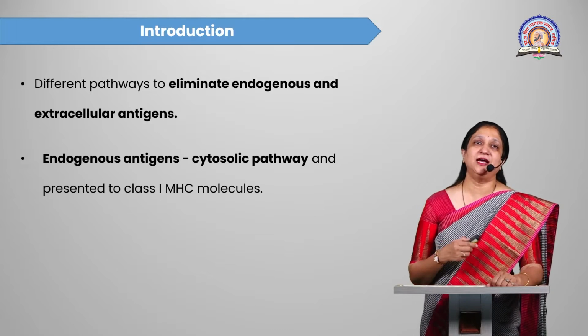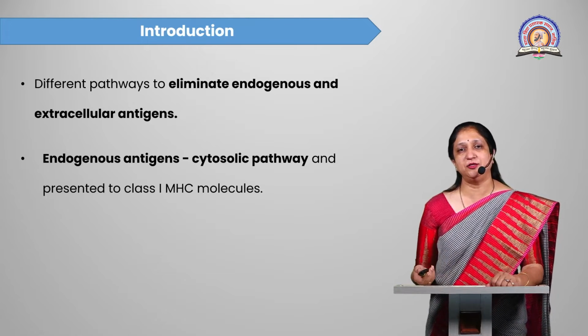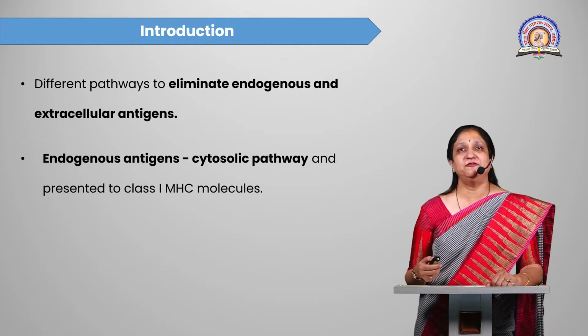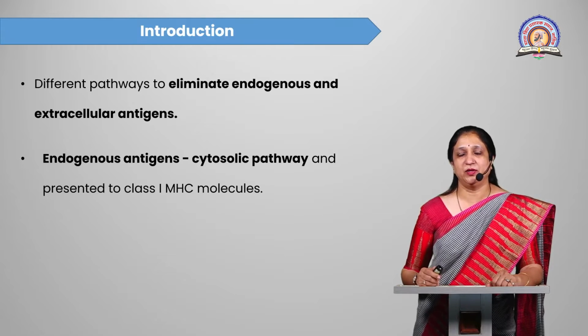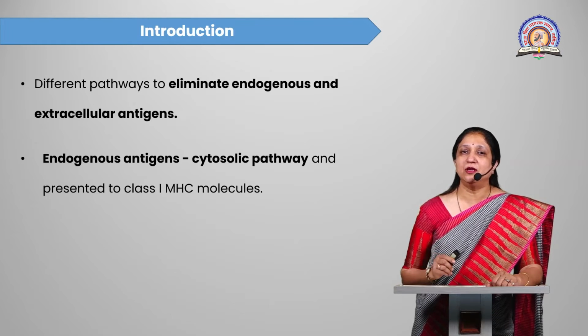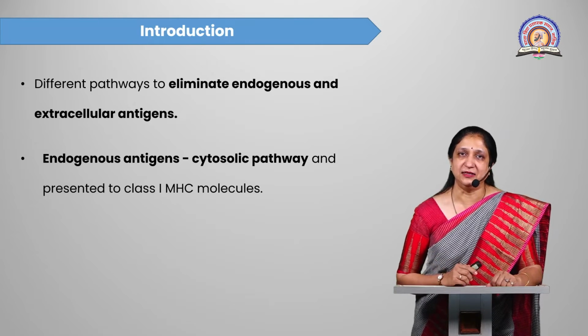Now, because we have two different types of antigens, the extracellular antigens and the endogenous antigens, there are different pathways that are used for the processing of these antigens. These pathways include the cytosolic pathway, which is used for processing the endogenous antigen.